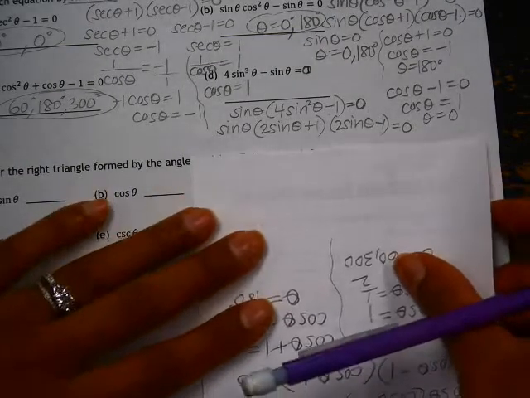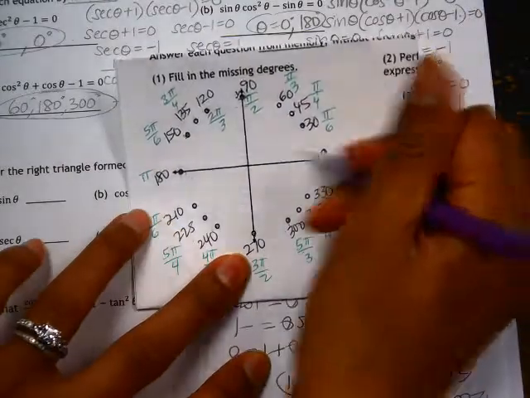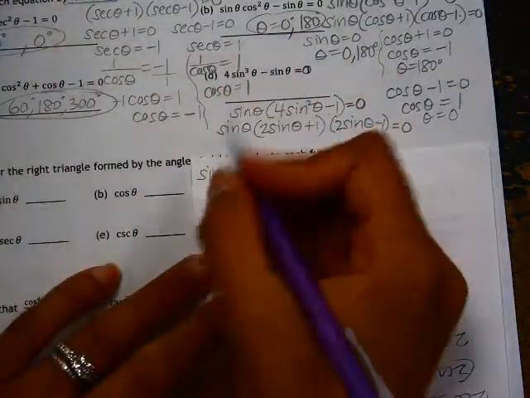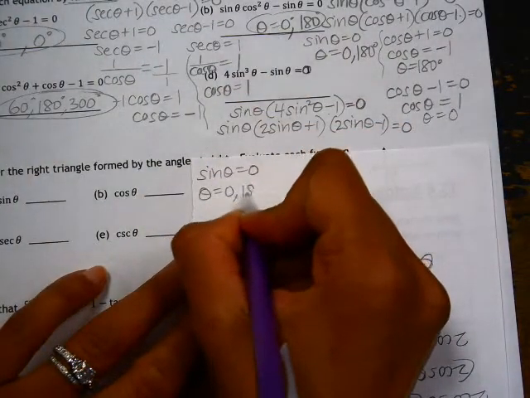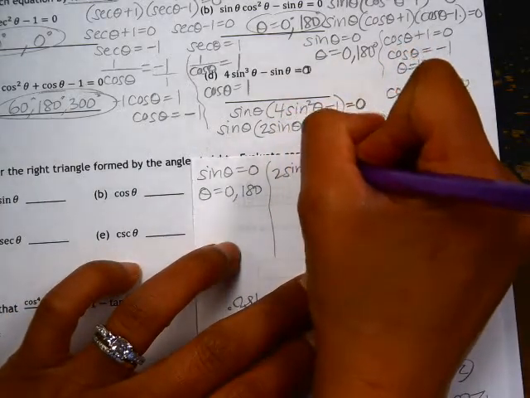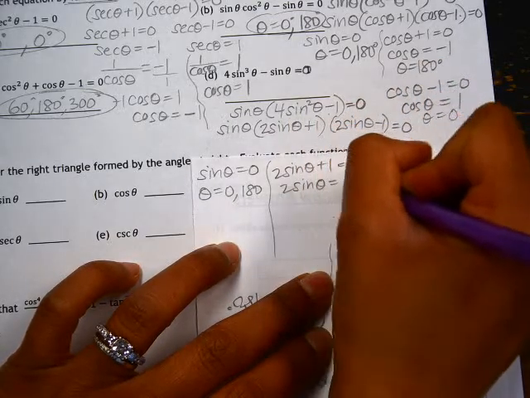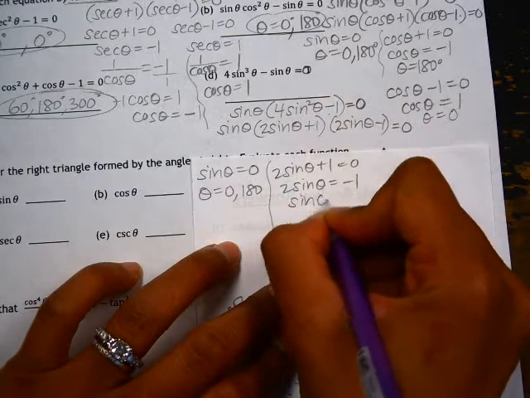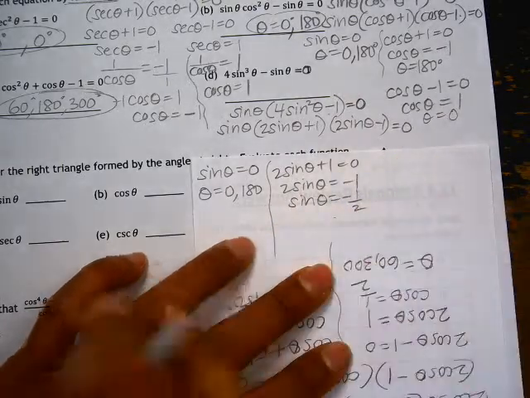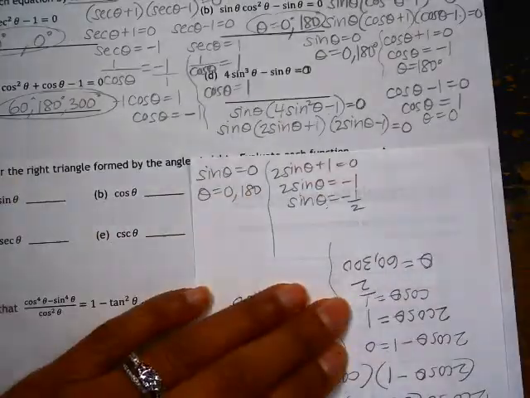So if we set sine theta equal to 0, sine is equal to 0 when we're at 0 or 180. If we set 2 sine theta plus 1 equal to 0, and we move the 1 over, this would be sine of theta equals negative 1/2, which occurs at 330 and 210.